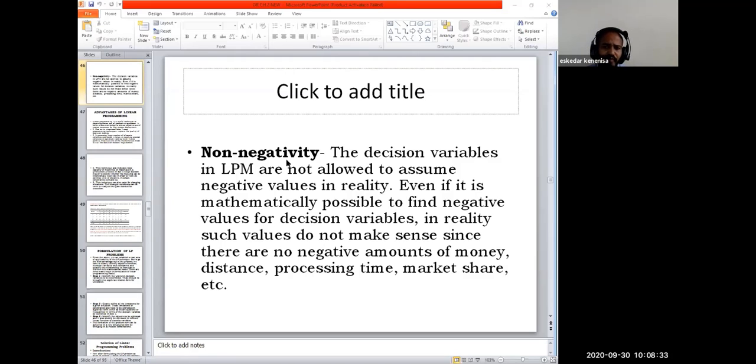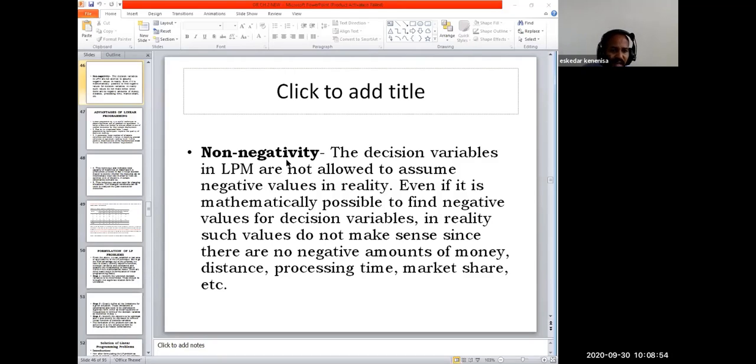So the other assumption is non-negativity. The decision variables in linear programming model are not allowed to assume negative value in reality. Non-negativity ግድ ነው, decision variables ሁሉ ጊዜ non-negative መሆን አለባቸው.